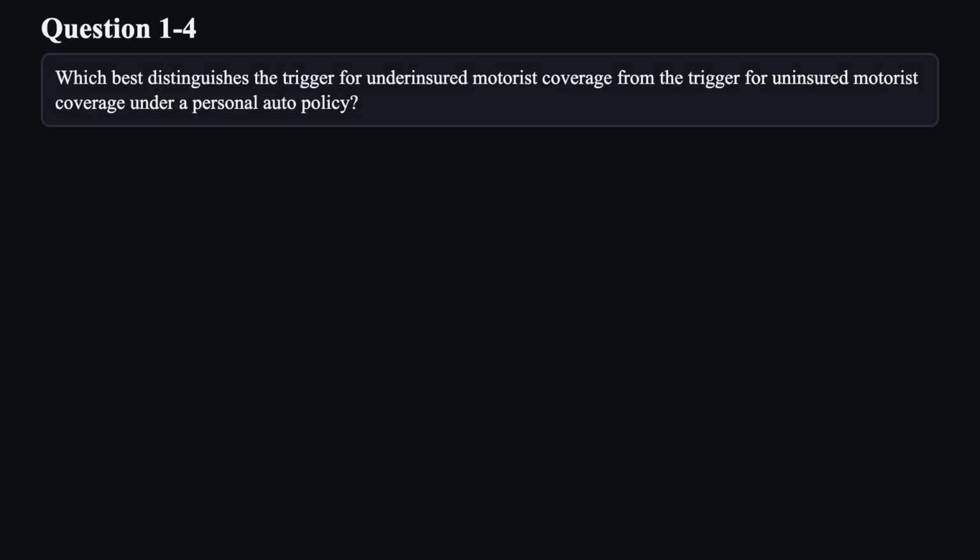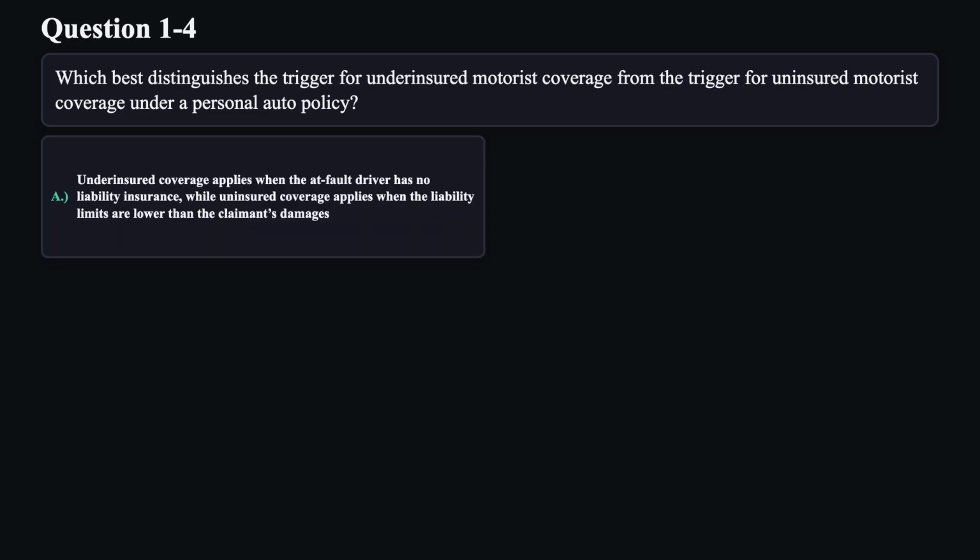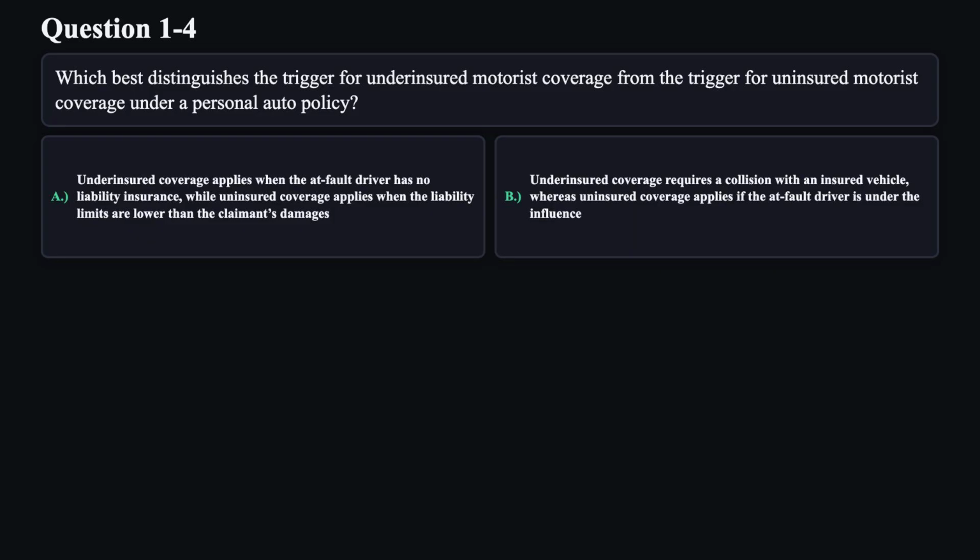Question 4. Which best distinguishes the trigger for underinsured motorist coverage from the trigger for uninsured motorist coverage under a personal auto policy? A. Underinsured coverage applies when the at-fault driver has no liability insurance, while uninsured coverage applies when the liability limits are lower than the claimant's damages. B. Underinsured coverage requires a collision with an insured vehicle, whereas uninsured coverage applies if the at-fault driver is under the influence.